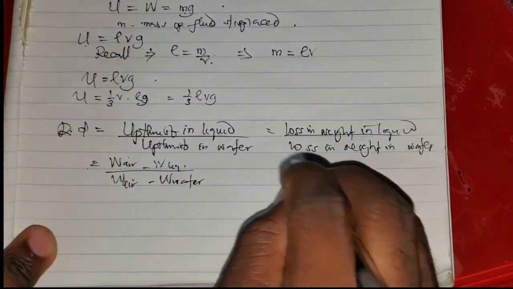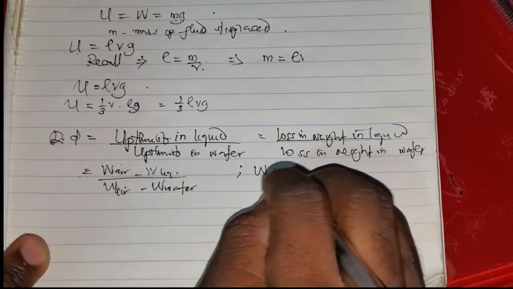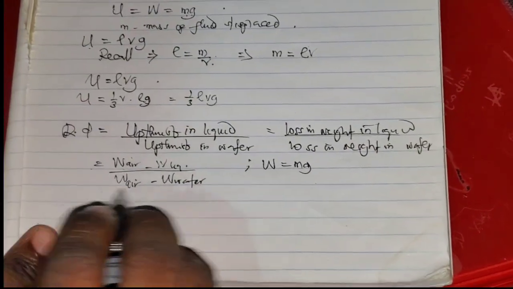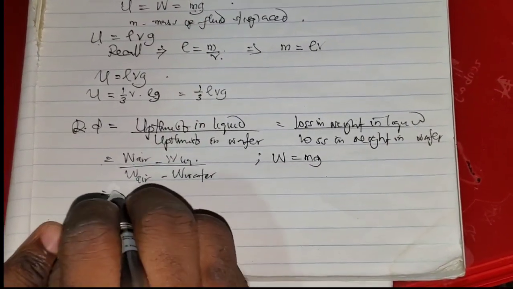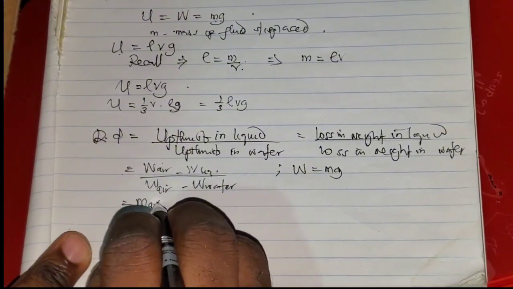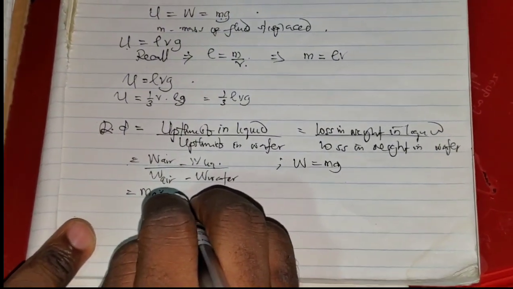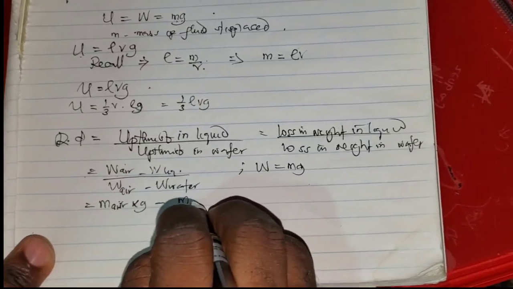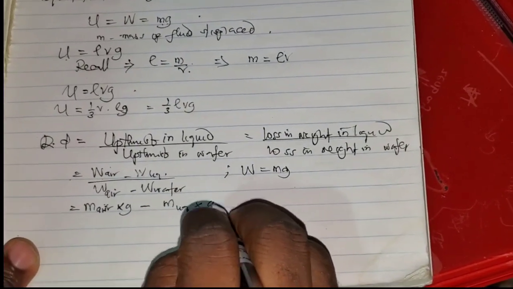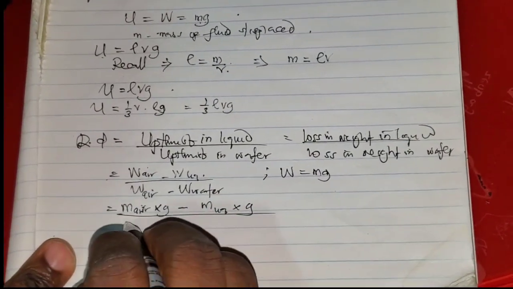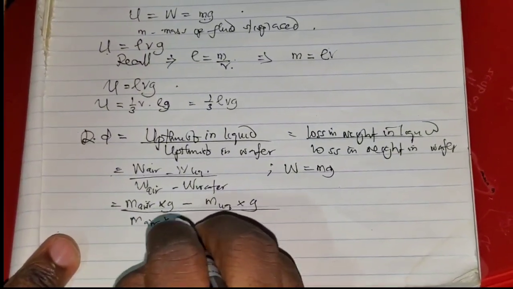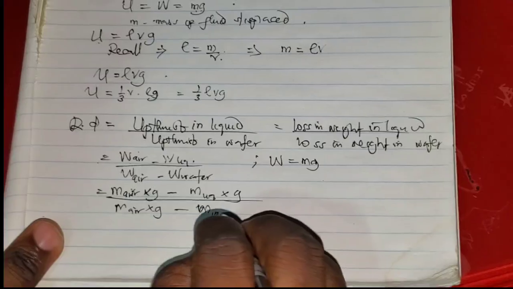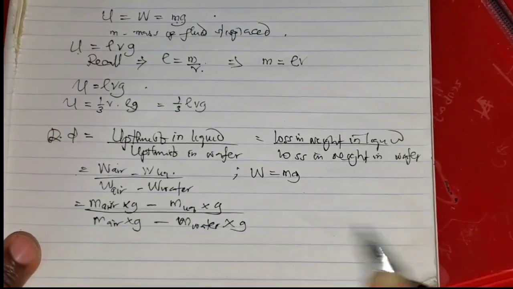And we remember that W equals mg, weight equals mass times acceleration due to gravity. Then we can put it like this: mass in air times the acceleration due to gravity minus mass in liquid times acceleration due to gravity, over mass in air times acceleration due to gravity minus mass in water times acceleration due to gravity.